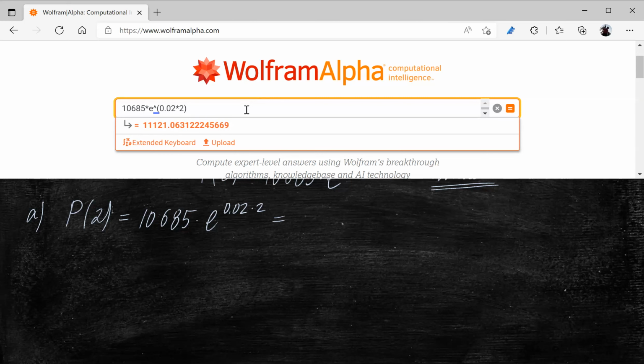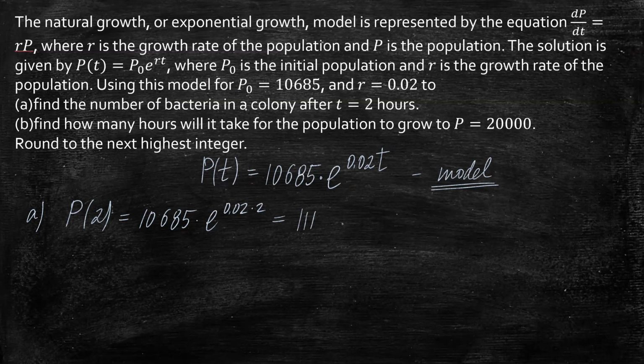And the answer here is 11210 something, but it's asking us to round to the next highest integer, so I'm going to round this up, and this is my answer. So there will be this much bacteria after 2 hours.